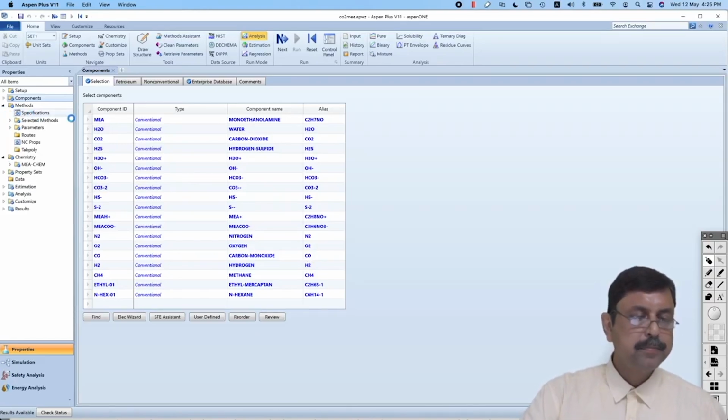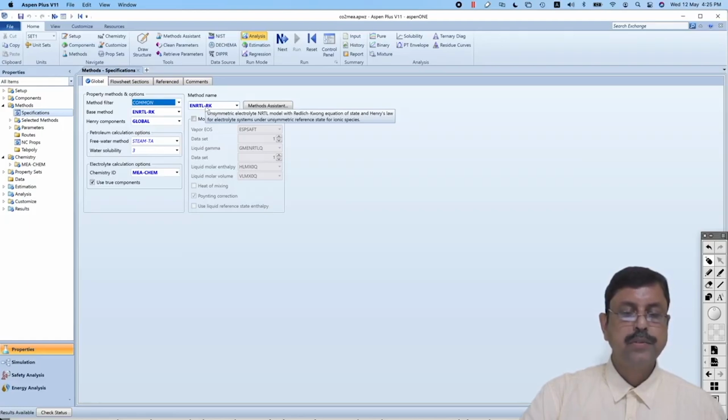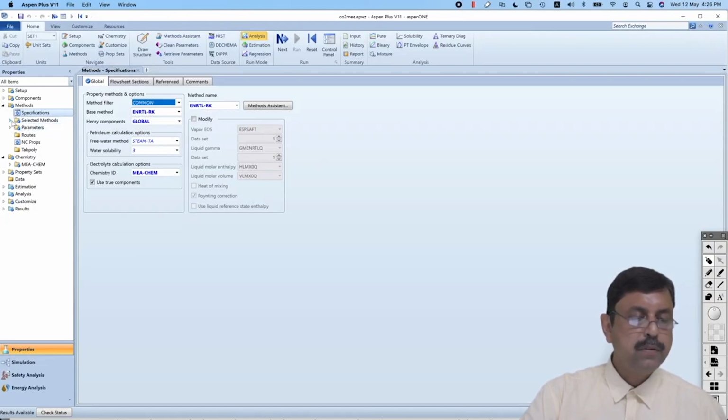Property method, we will use eNRTL-RK, that is electrolyte NRTL model with Redlich-Kwong equation of state and Henry's law. What are the Henry's components? You will find over here.